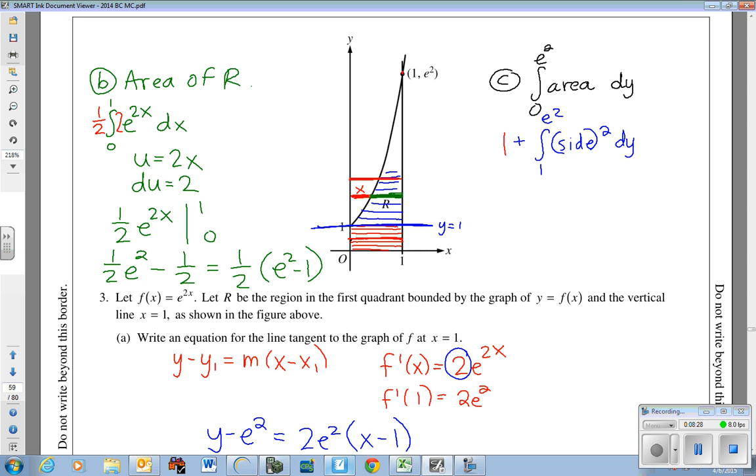I'm going to call it whatever x equals in terms of y. All right, so since my function is y equals e to the 2x, if I solve this for x, I'm going to natural log both sides. Natural log of y equals 2x. And I'm going to divide by 2 or multiply by 1/2. So 1/2 natural log of y equals x.